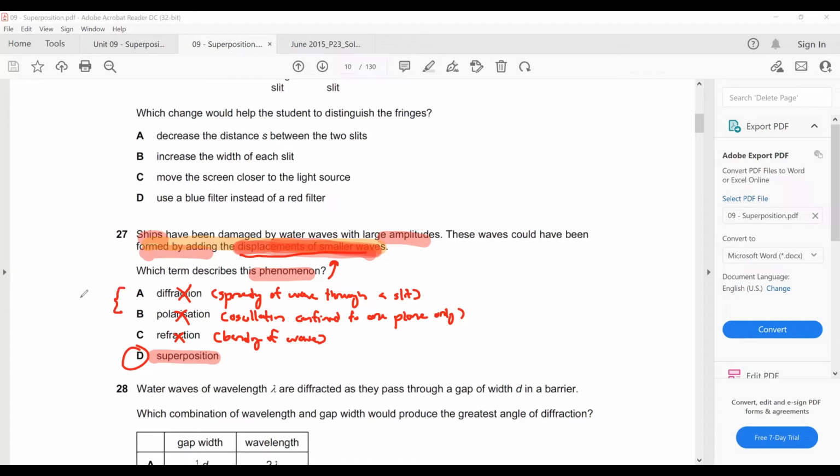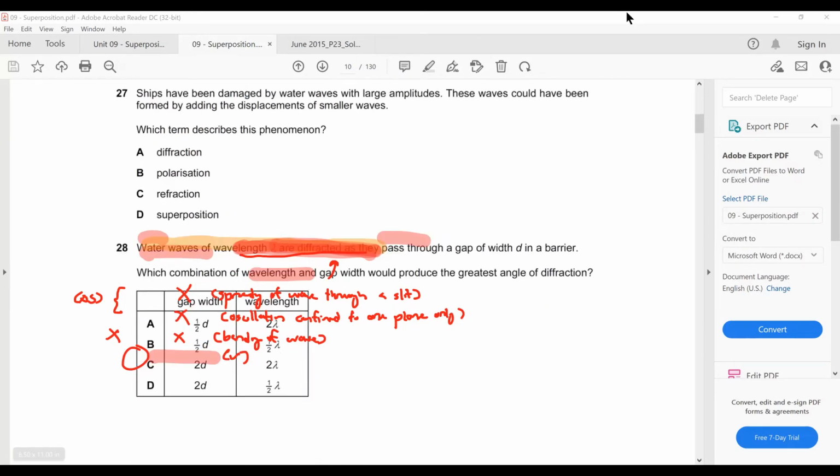Now, diffraction and polarization are in your AS. You learned this earlier. Refraction is not inside your A-level syllabus. You are not required to really know what refraction is. You learned this under IGCSE or SPM before, but it's not required in detail in A-level. So the correct answer is superposition. So the answer for this is D.